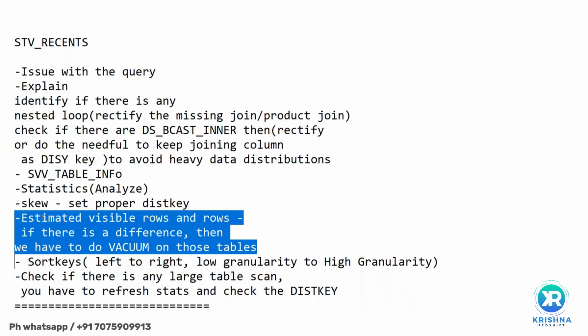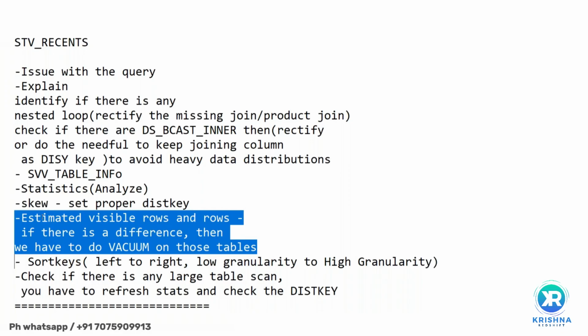Those tables will tend to increase in size because of continuous updates and deletes, so they will tend to lead to disk full errors, but actually there is enough space. At that time you have to do vacuum on those tables to release the dead blocks, so that will add up space to your database.